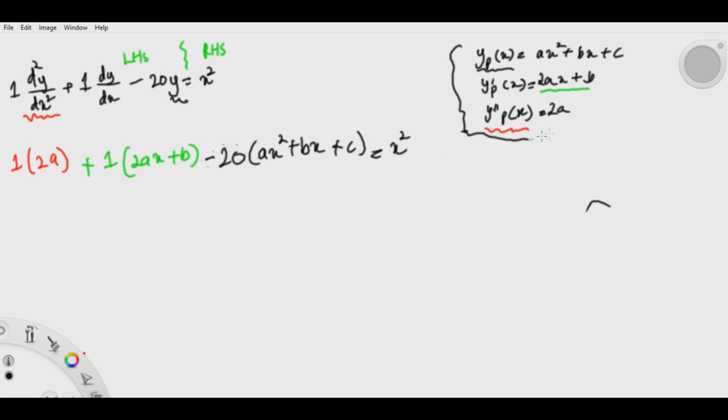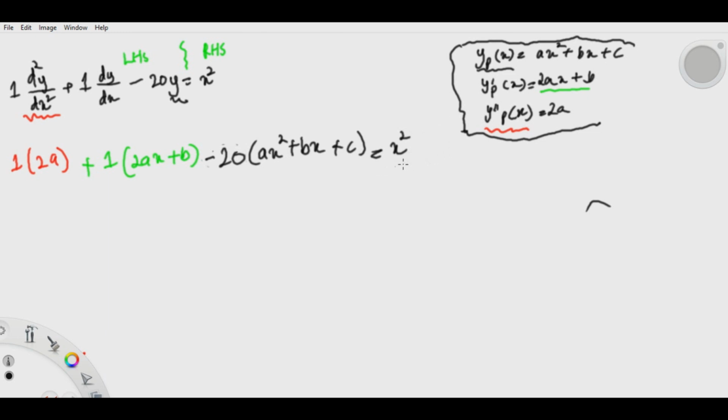Now I want you guys to see something. This right hand side also reflects a quadratic equation. In the question it gave us x squared. In a quadratic, having the format ax squared plus bx plus c, that format still stays the same on this right hand side.